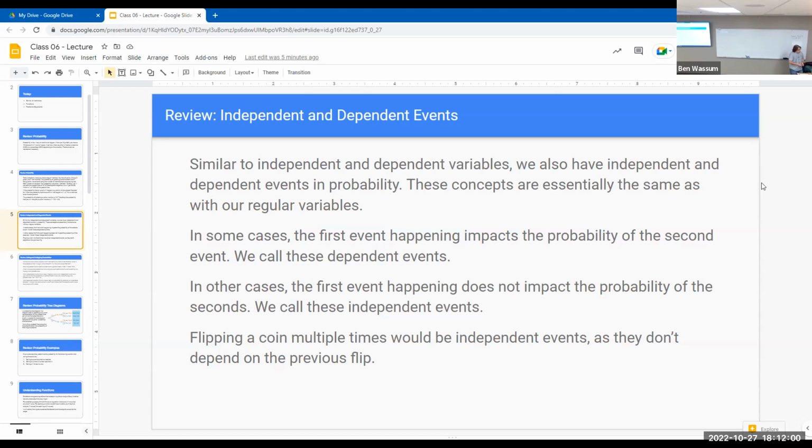So in some cases, the first event happening impacts the probability of the second event. So I walk over to the light switch, I hit a button, the button switches off the light. That means that the act of me pressing the light switch was independent. Nothing made me do that.